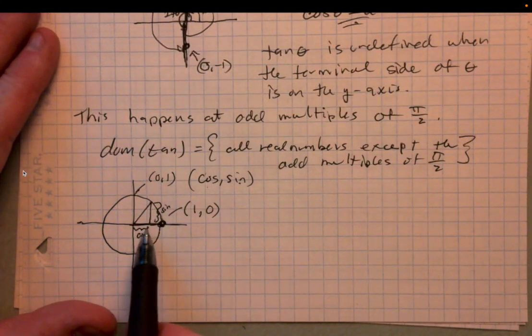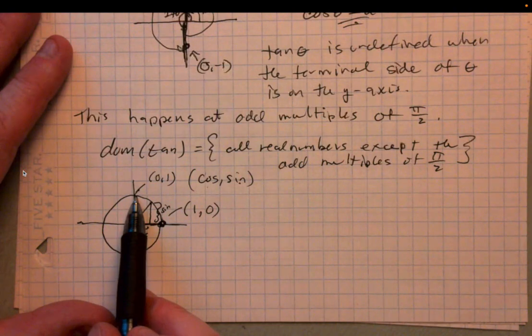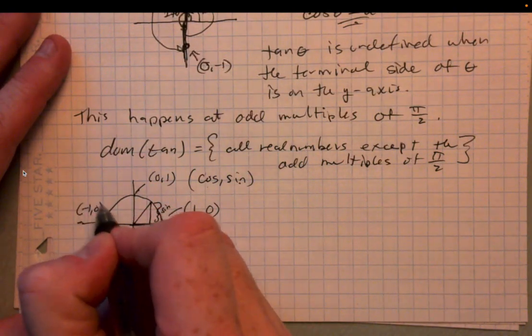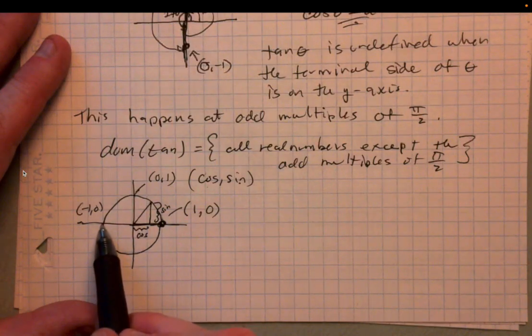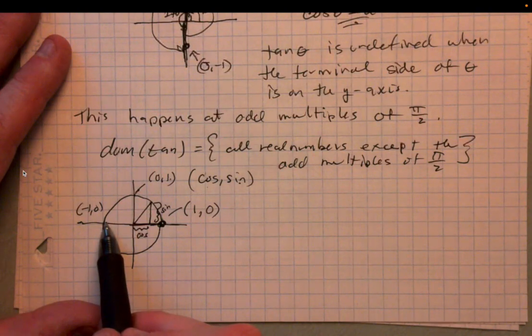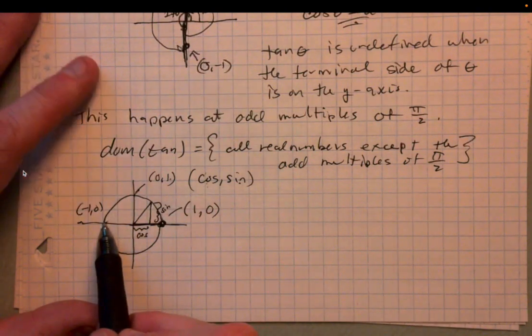Then as it starts to move up, this horizontal section shrinks and shrinks until it's vertical and there's no horizontal section, it's all sine. And then we move over here, and on this side it's -1, 0. The sine goes from 1 all the way down to 0, and the cosine grows from 0 to -1.